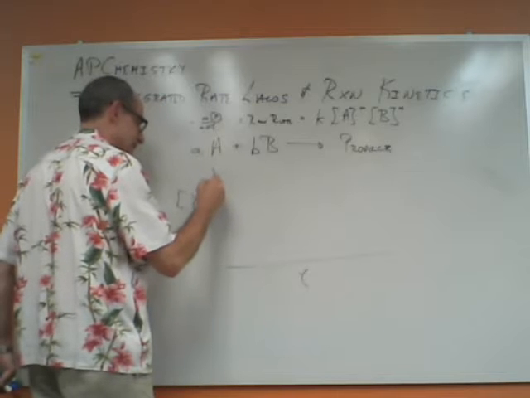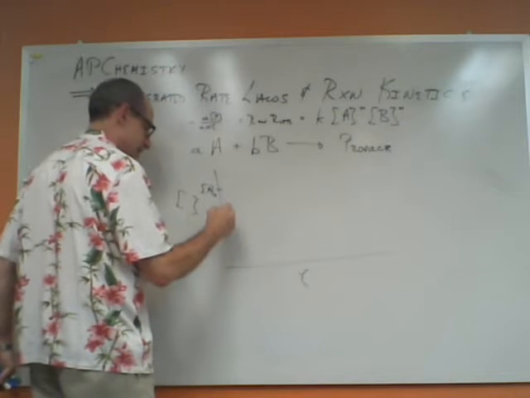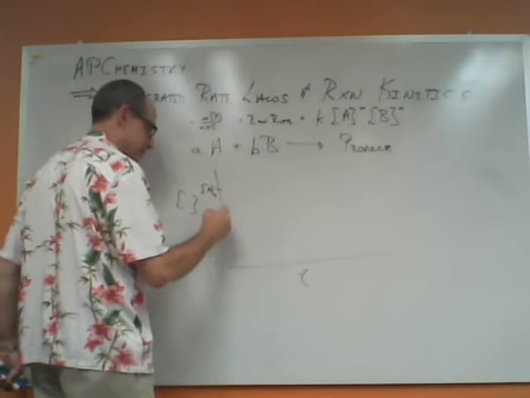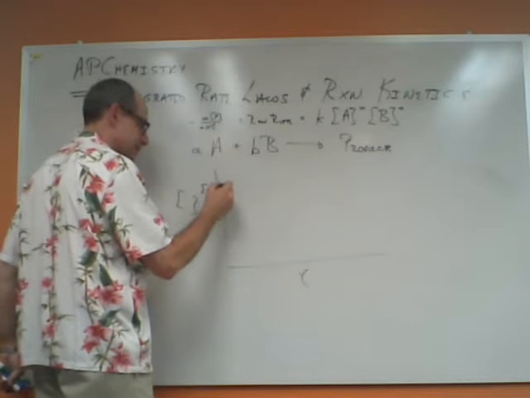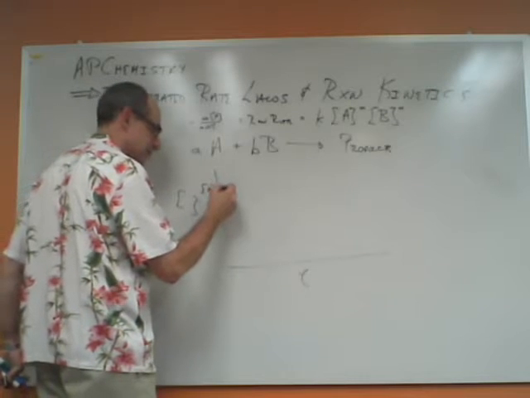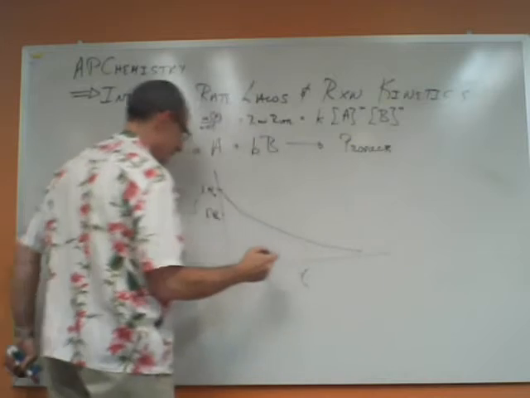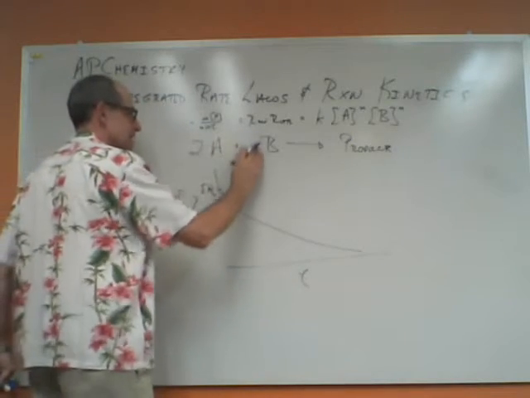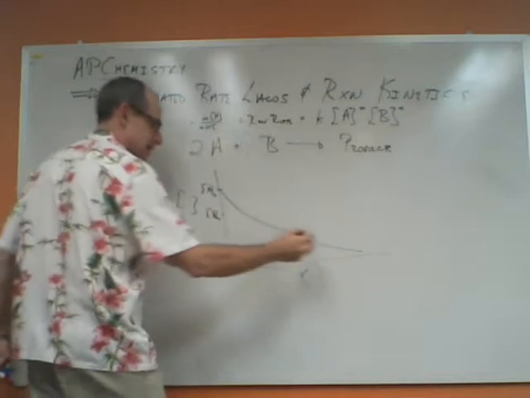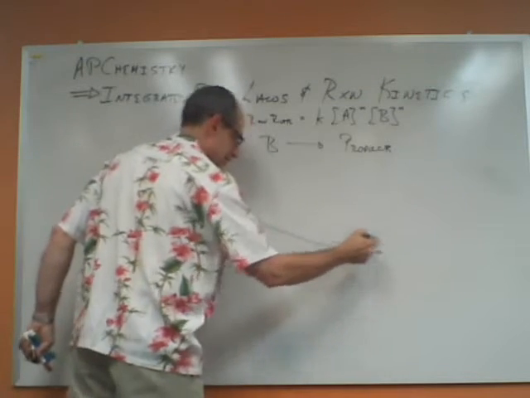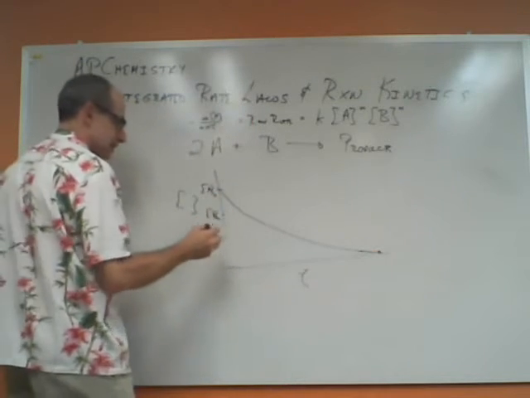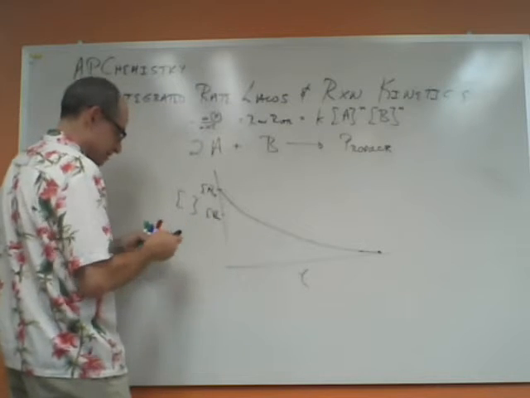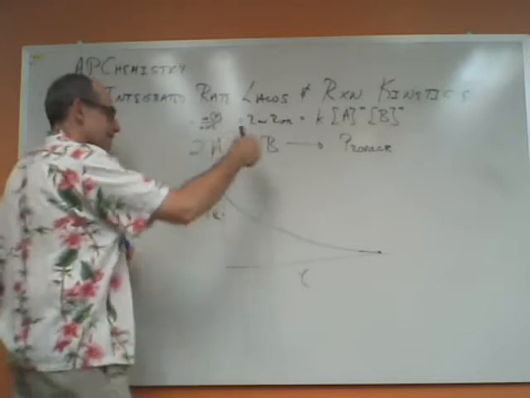But in general, if we were to graph the concentrations versus time, we would find that starting from our initial reactant concentrations of, let's say, A and B, which are somewhat arbitrary, the concentration of reactants would decrease, and depending on the stoichiometry, let's make this a 2A plus B, then while the concentration of A decreases, the concentration of B would decrease, but not half as quickly.